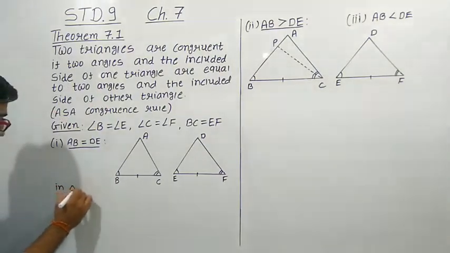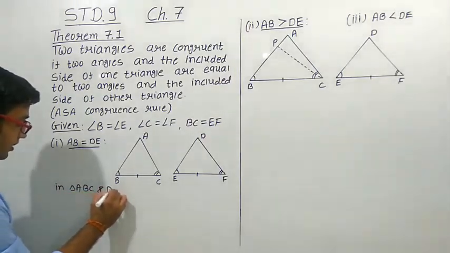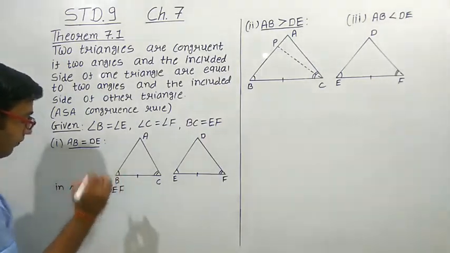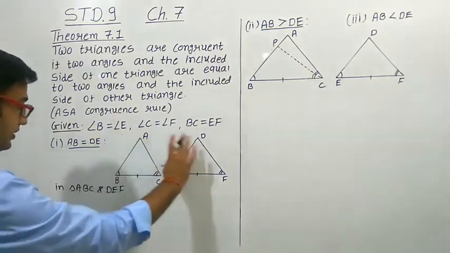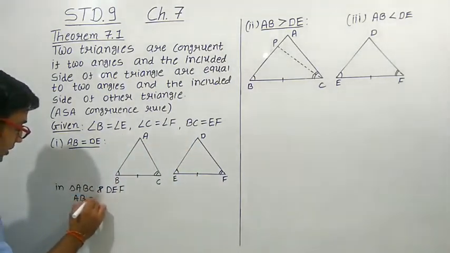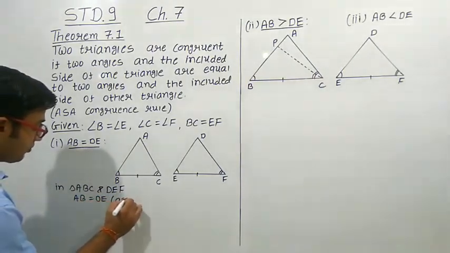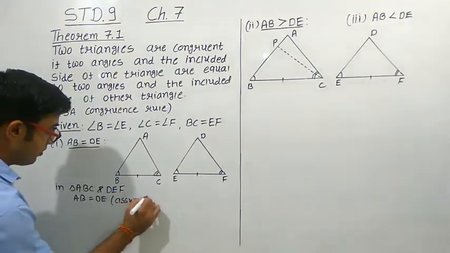In triangle ABC and DEF, we can write down that AB is equal to DE. That is the first condition, which we have assumed. Right?